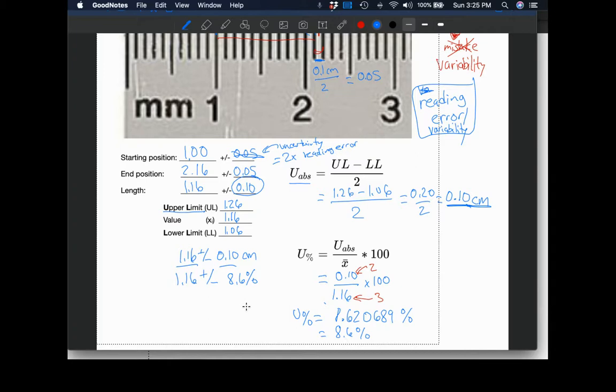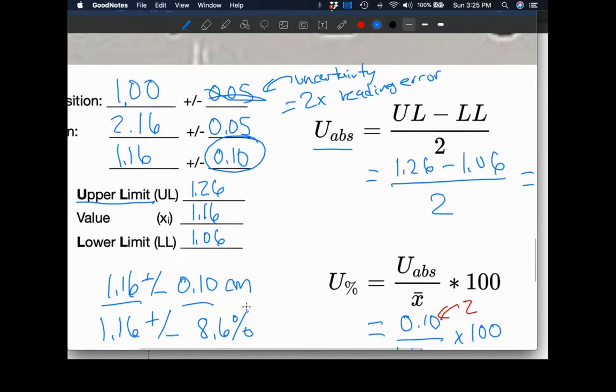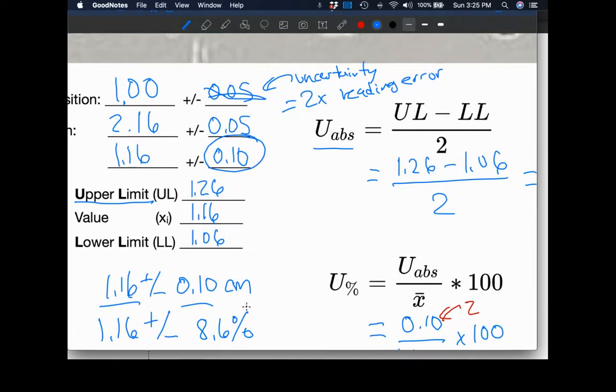Now, there's one more detail that I would like to point out here, and that has to do with these numbers. Given the value and the upper and lower limits, we can ask ourselves, is there any uncertainty about whether it is 1 centimeter? There's complete agreement about the ones. But if we look at the tenths place, we don't know if it's 1.0, 1.1, 1.2.